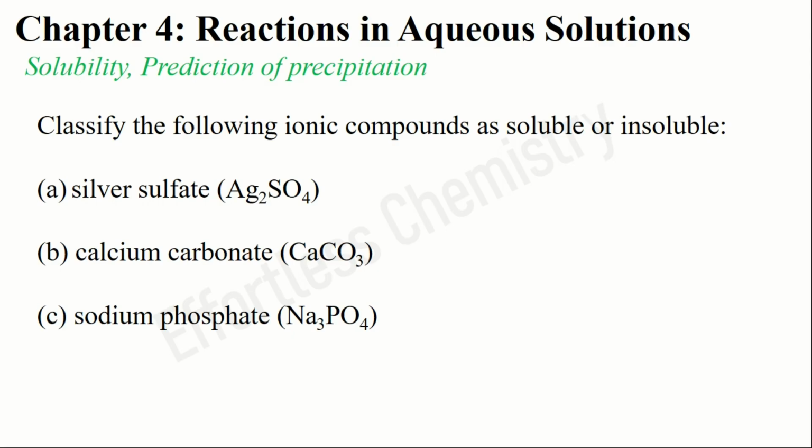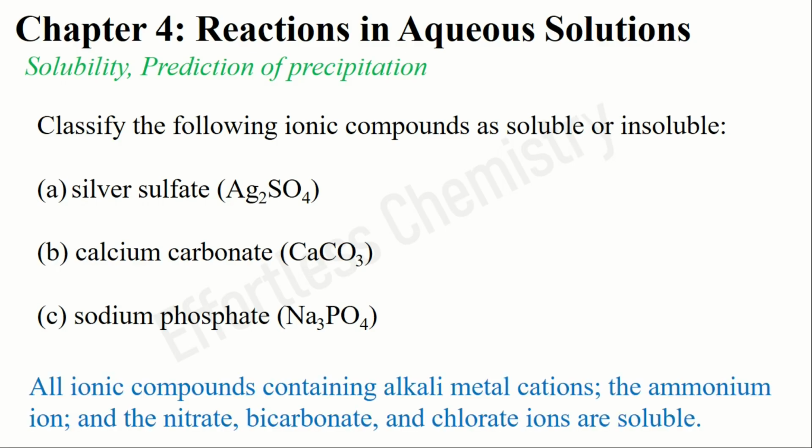Although it is not necessary to memorize the solubilities of compounds, you should keep in mind the following useful rules. All ionic compounds containing alkali metal ions, the ammonium ion, and the nitrate, bicarbonate, and chlorate ions are soluble. For other compounds, we need to refer to the previous table.